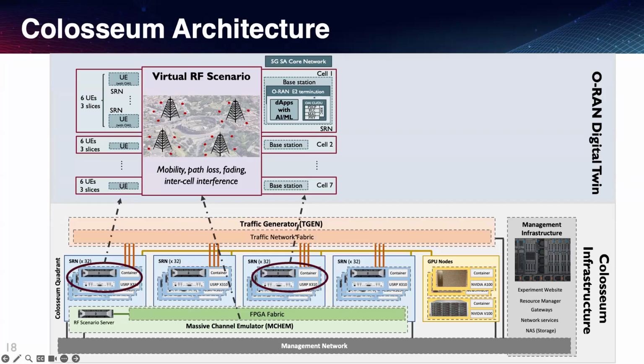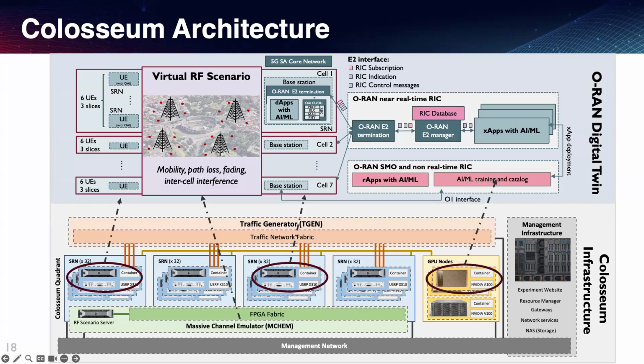And I can communicate between base station and user over the emulated scenario that implements a real-world deployment, for example. I have the intelligent controllers that can be run on GPUs, and they can interface with the base station to implement my intelligence. And this is just how some of these components can map on Colosseum.